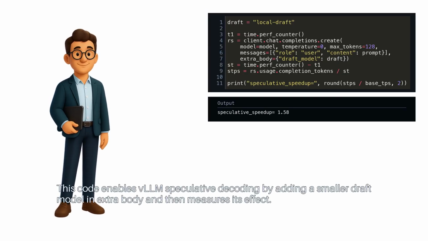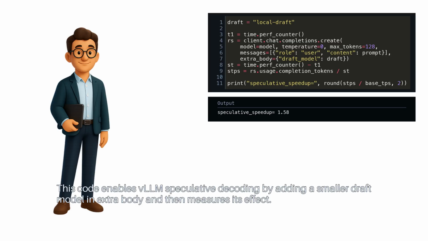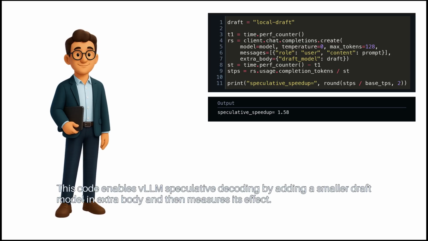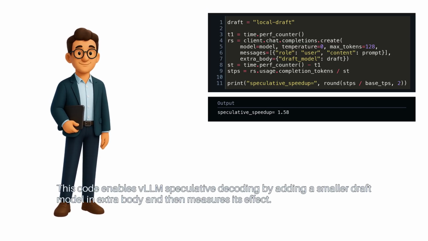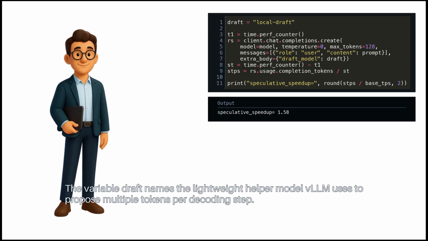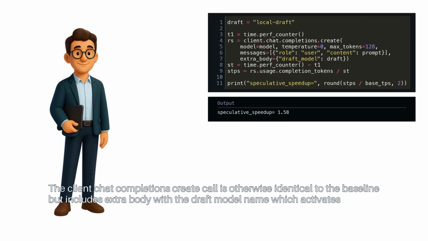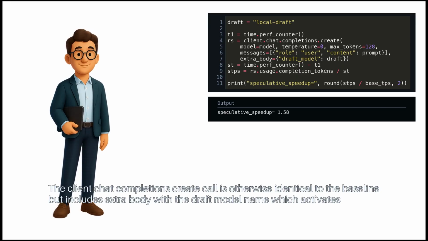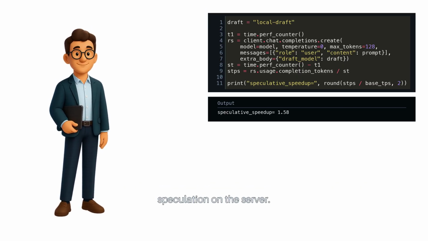This code enables vLLM Speculative Decoding by adding a smaller draft model in extra body, and then measures its effect. The variable draft names the lightweight helper model vLLM uses to propose multiple tokens per decoding step. The client chat completions create call is otherwise identical to the baseline, but includes extra body with the draft model name, which activates speculation on the server.